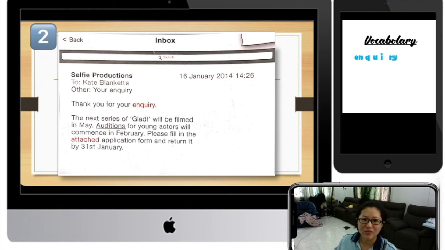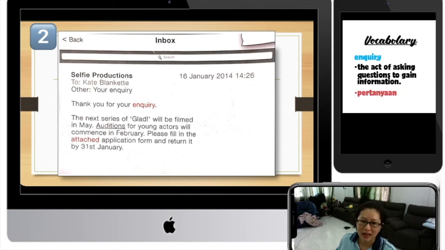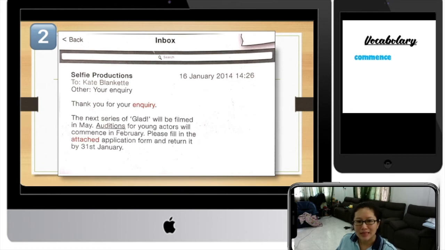Let's look at the vocabulary. Enquiry. What does enquiry mean? Enquiry means the act of asking questions to gain information. In bahasa, it is said pertanyaan. The next word, commence. Commence means start, or in bahasa, it is bermula.